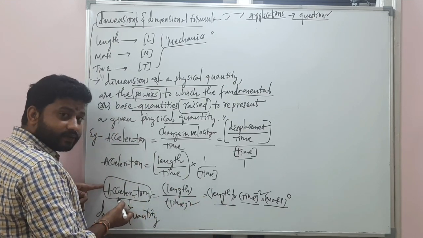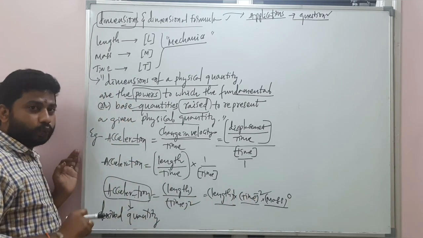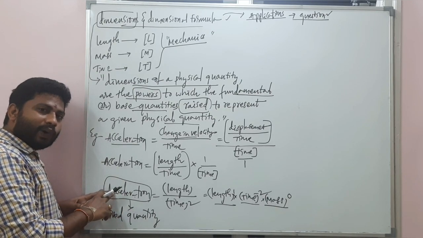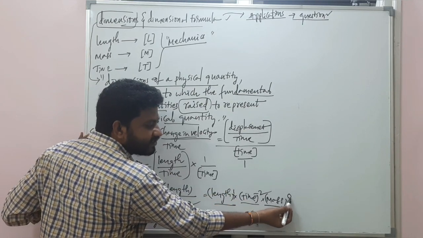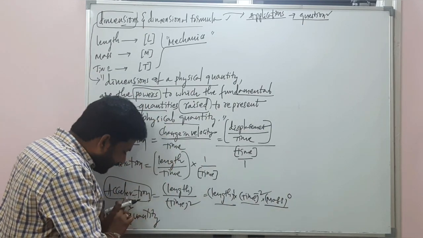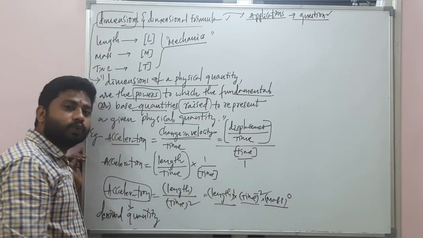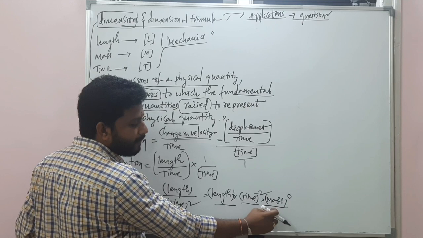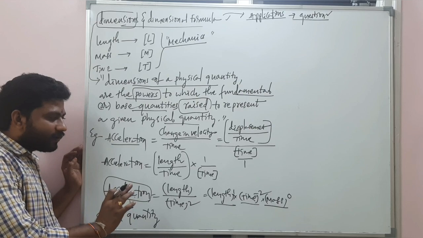Time is raised to the power -2. Mass is raised to the power 0. So the dimension of length becomes 1, of time -2, of mass 0. Now, you can write the dimensional form.